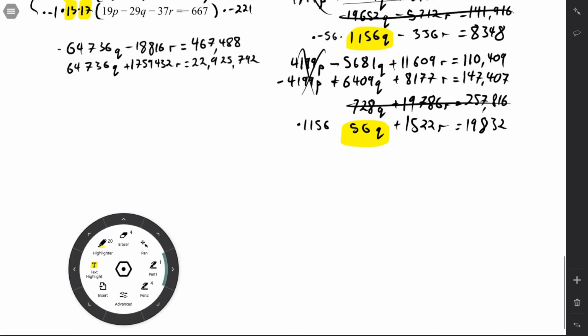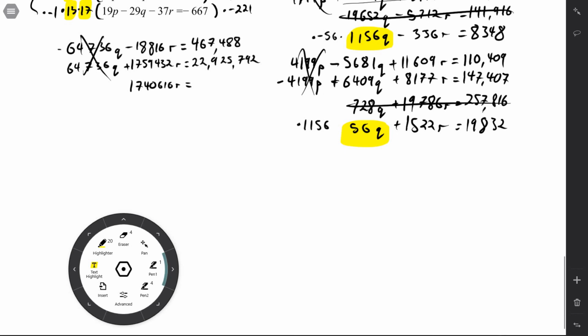Okay, crunched those numbers. Now we just need to add them together. We know that the Q's will cancel out, thank goodness. And this next one here will take 1,759,432 and subtract 18,816 from that. We'll get 1,740,616R, and that's going to equal 22,925,792.